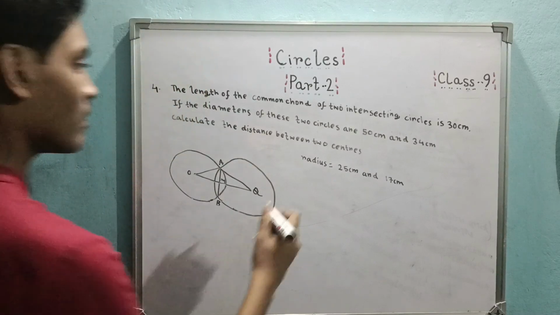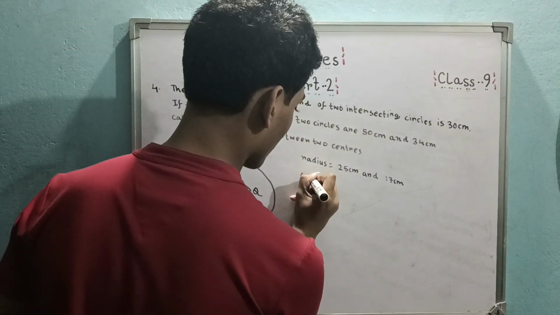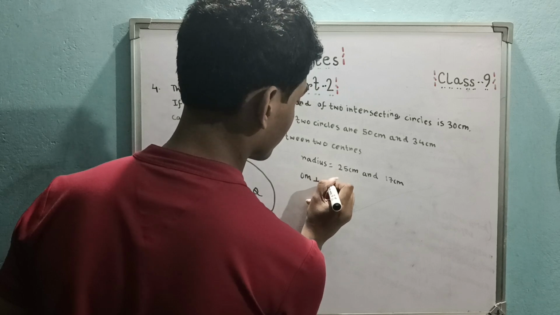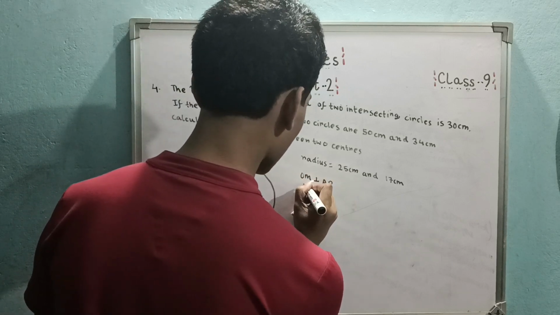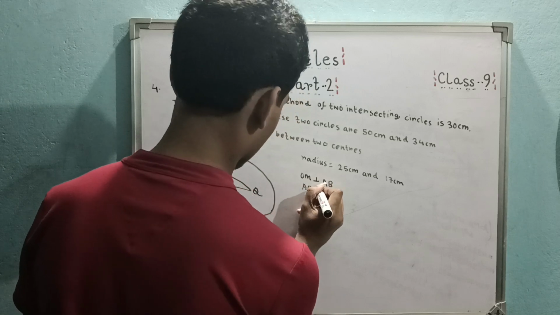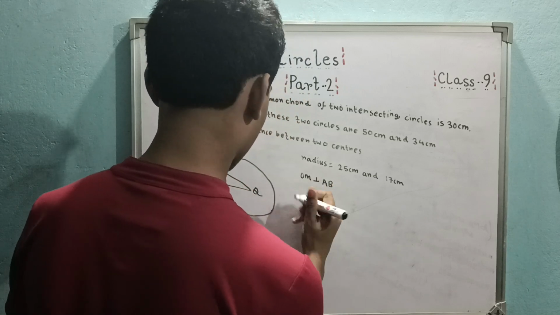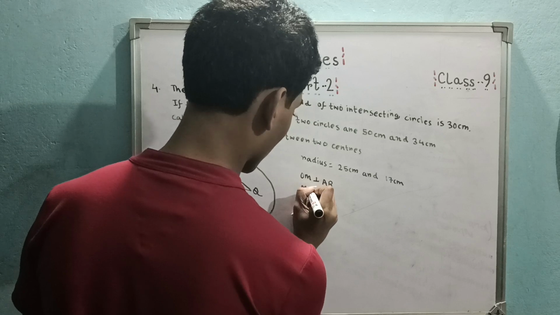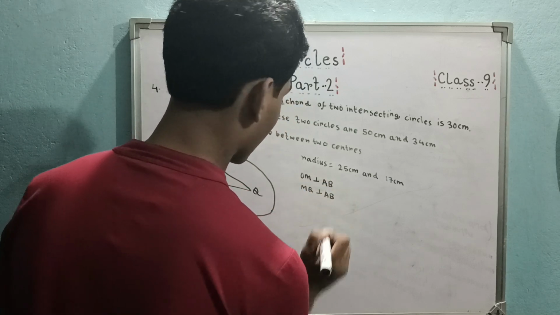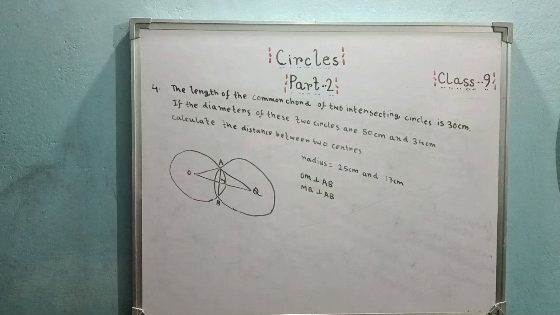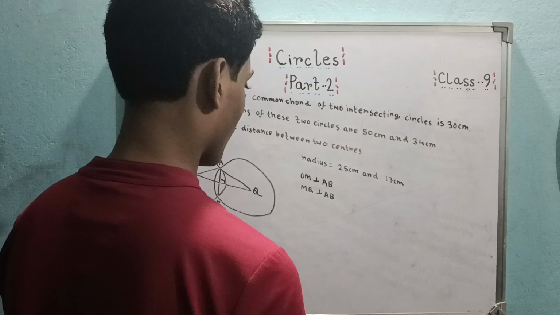Okay. Then I can write OM perpendicular to AB and MQ perpendicular to AB. So I am now writing the values here.